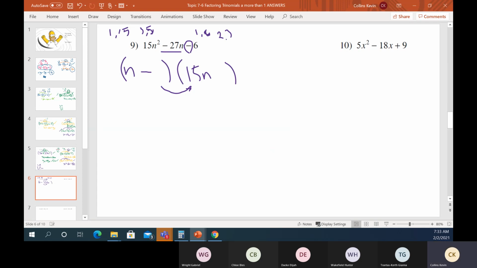So should we try the 1 and the 6, or should we try the 2 and the 3? Let's take a stab at it, because like I said, if it's not the right one, we'll know. I just want you guys to get the vibe for it. So you want to go with the 2 and the 3. Okay? So what should we put in the first one here, the 2 or the 3?